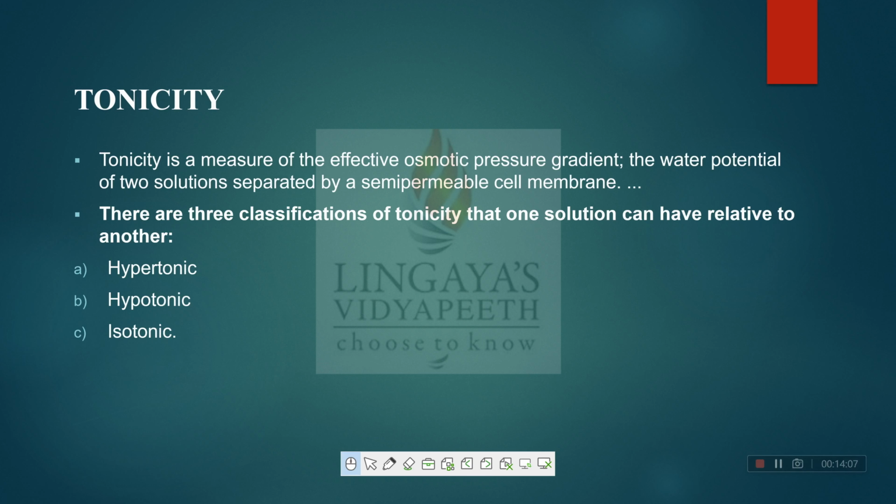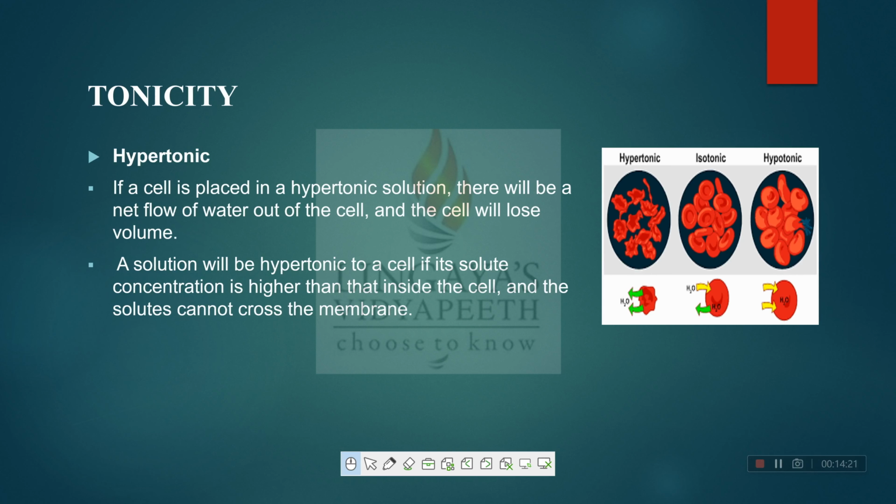There are three classifications of tonicity that one solution can have. The first is hypertonic, the second is hypotonic, and the third is isotonic. Let's discuss all of these.